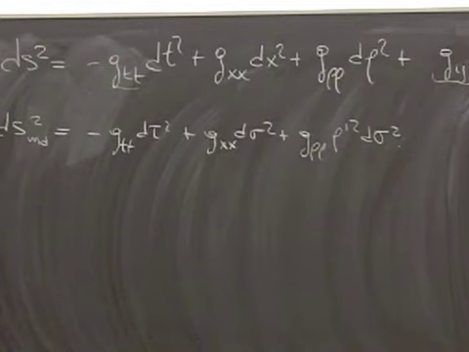Now you can see it's very simple to see that as a matrix where you will be separating these four components. This is just a, this is the matrix here. So the determinant of this, that is the thing that I need in the Nambu-Goto action, by the way.